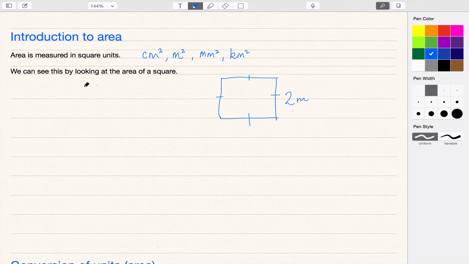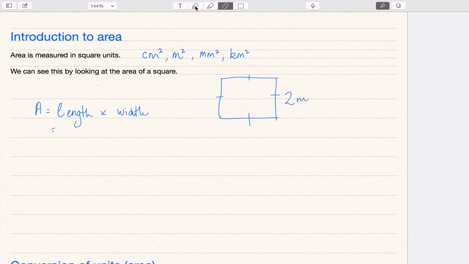The area of this square equals length by width, which are both the same in this example, 2 meters.